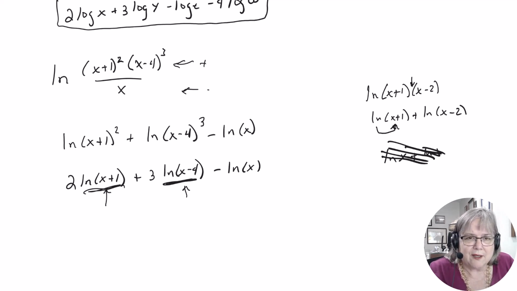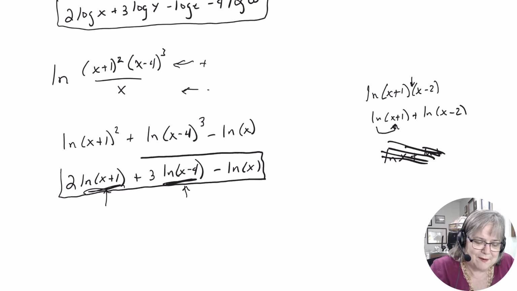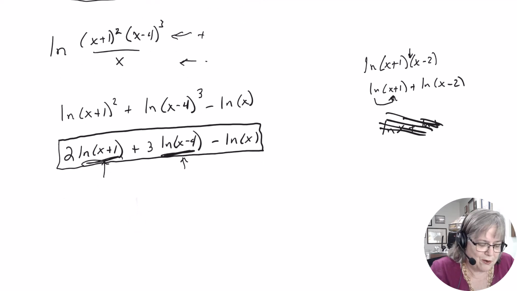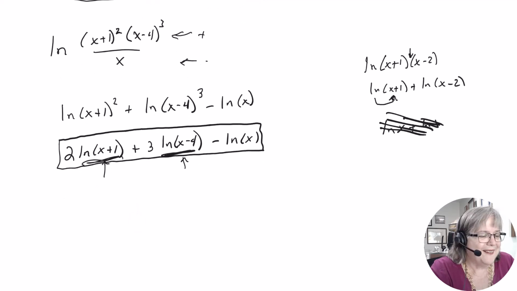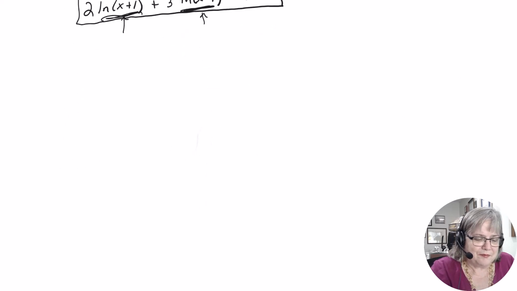The natural log of x plus 1 and the natural log of x minus 4 do not separate anymore. Please don't do that. Now, will your teachers ask you sometimes? Yes, just to see if you're paying attention and know you can't do that. Because we like to do that and make sure that you know what's going on.